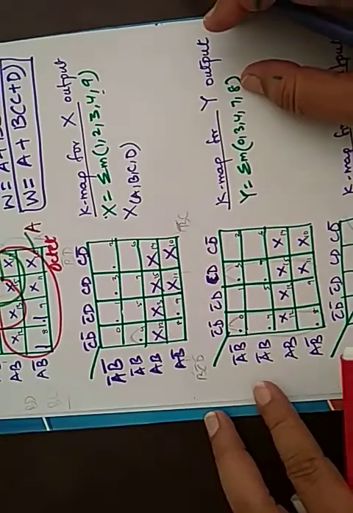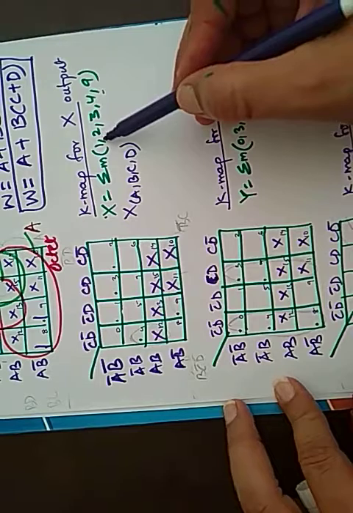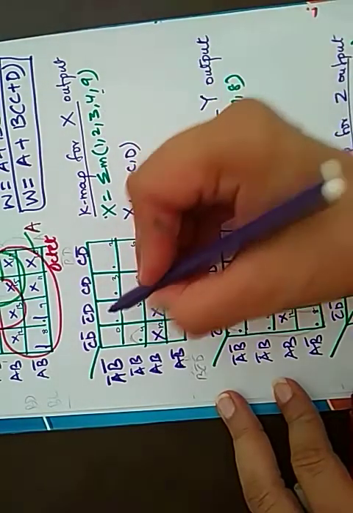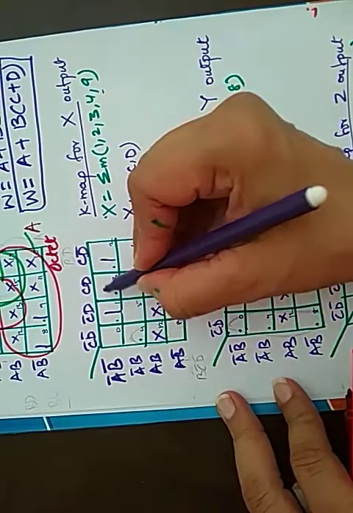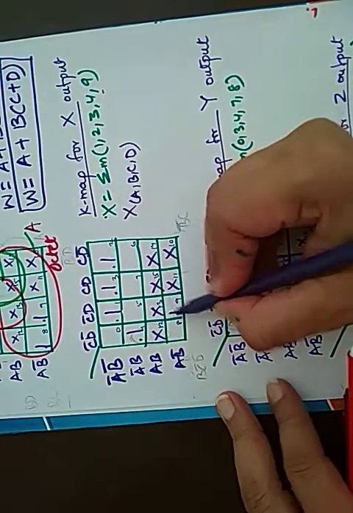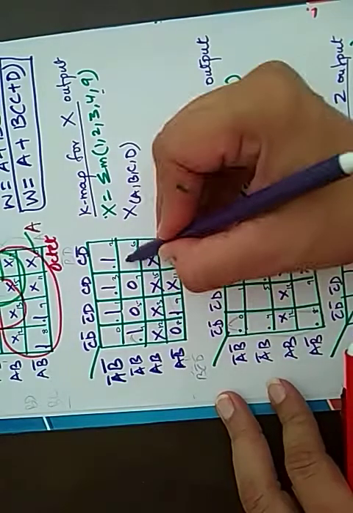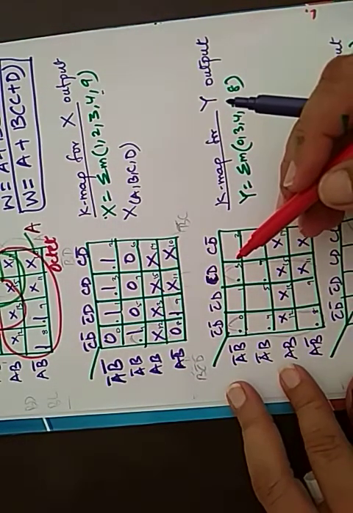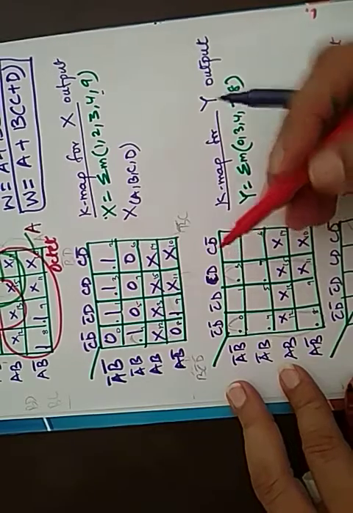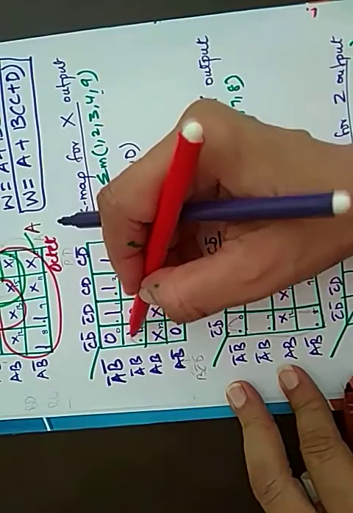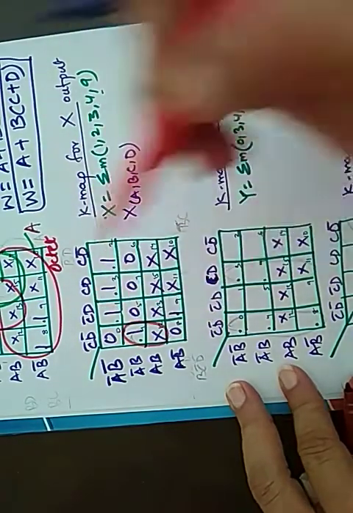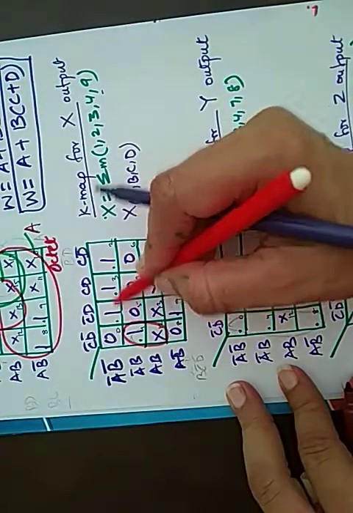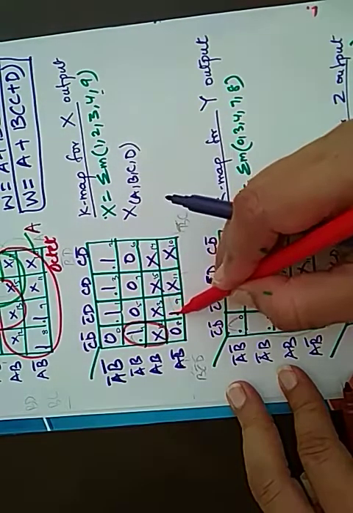Similarly, let's solve for X. The X function is 1, 2, 3, 4, 9. So let's put ones there, 1, 2, 3, 4 and a 9. Others are zeros. Now to do the grouping, this one does not have anyone nearby, so this is a pair. Now these ones, 3 over here and there's a 1 here.